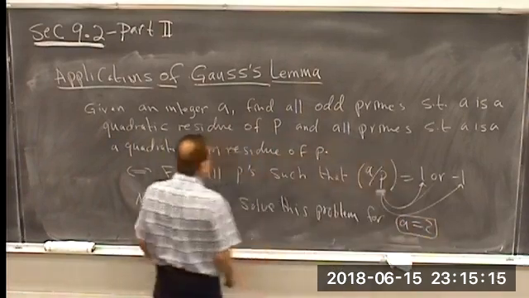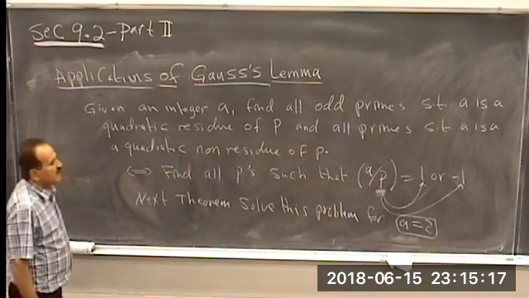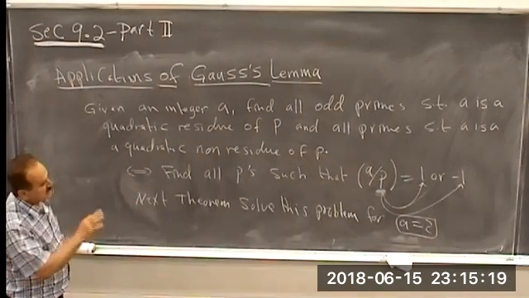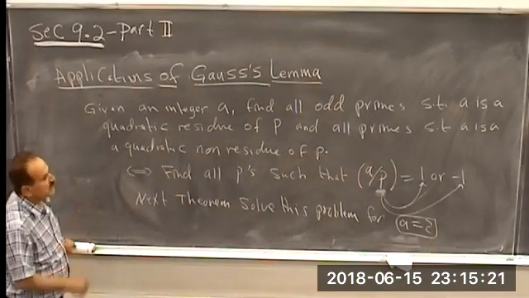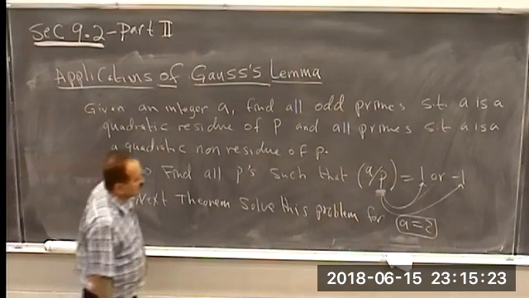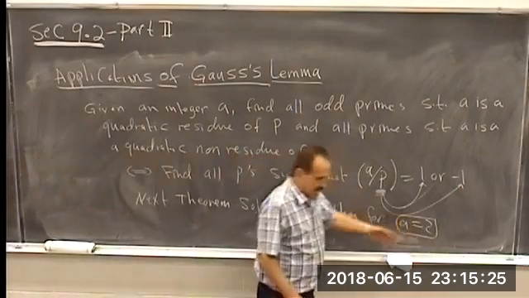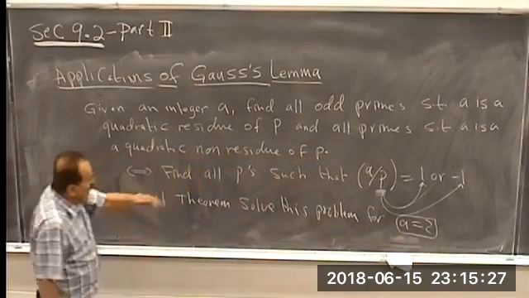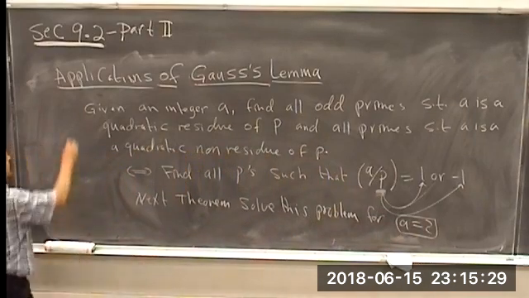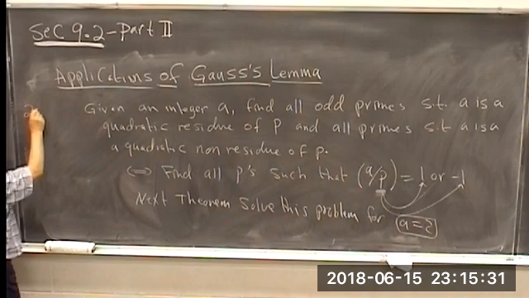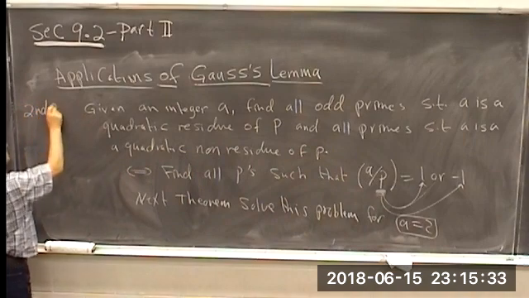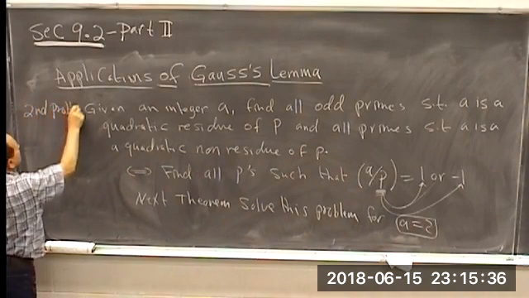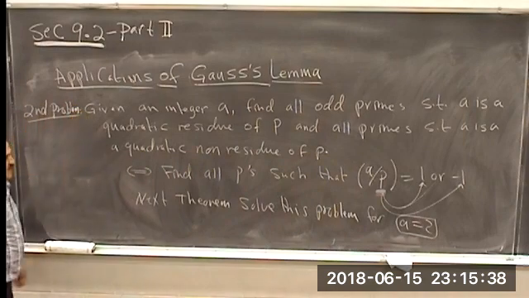We already have the solution for A equal 1 and negative 1 in theorem 9.2, the first theorem in this section, if you go back. So now we're going to do it for 2. Remember, this is the second fundamental problem in residue theory.